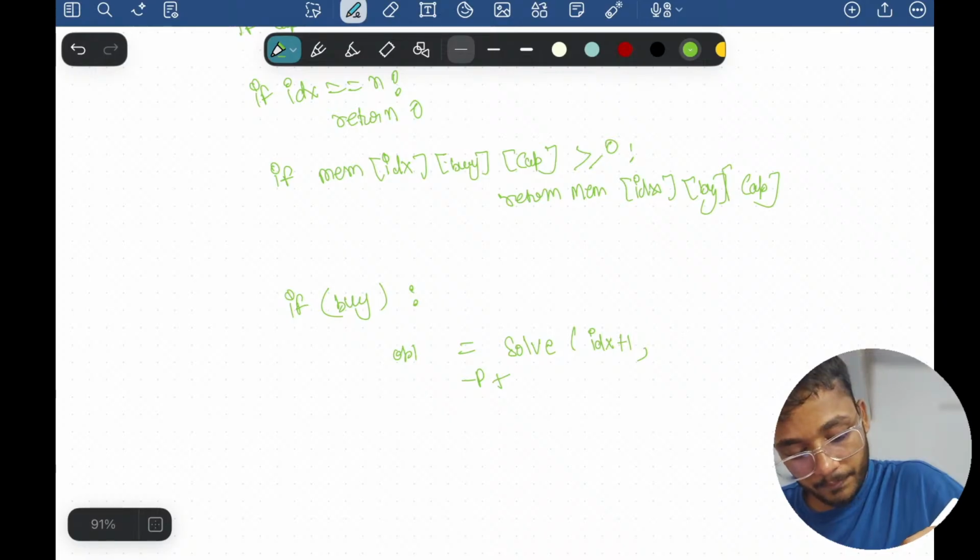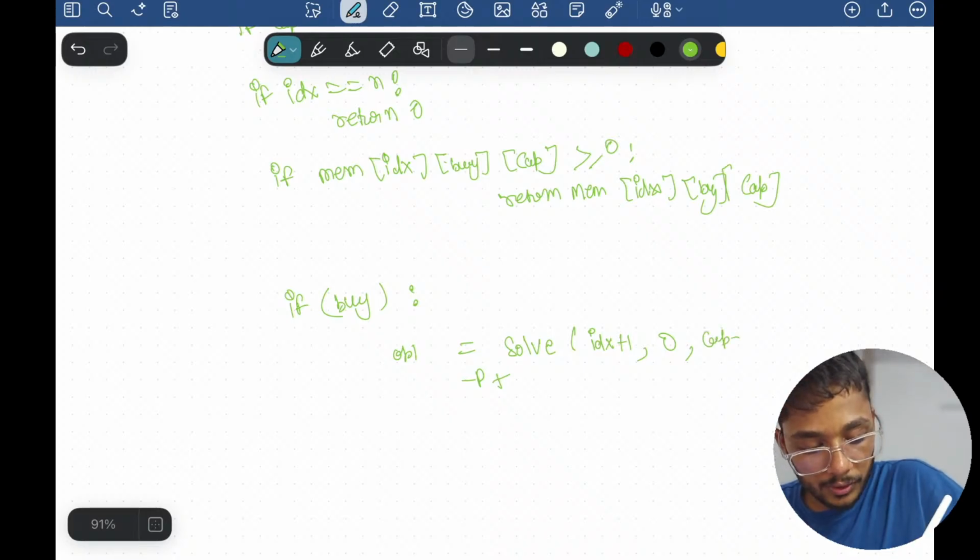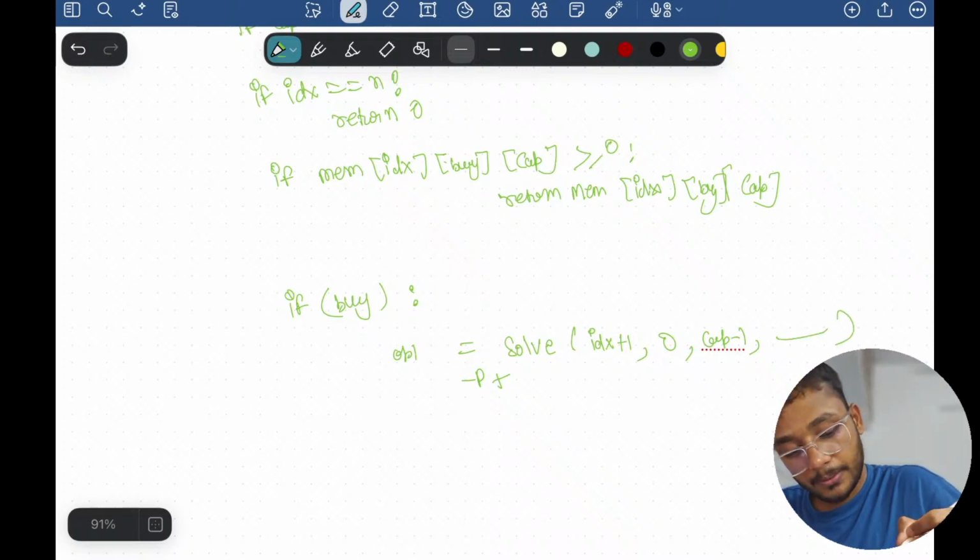Else then buy becomes 0, and capacity will be cap minus 1, and the other stuff will be the same.